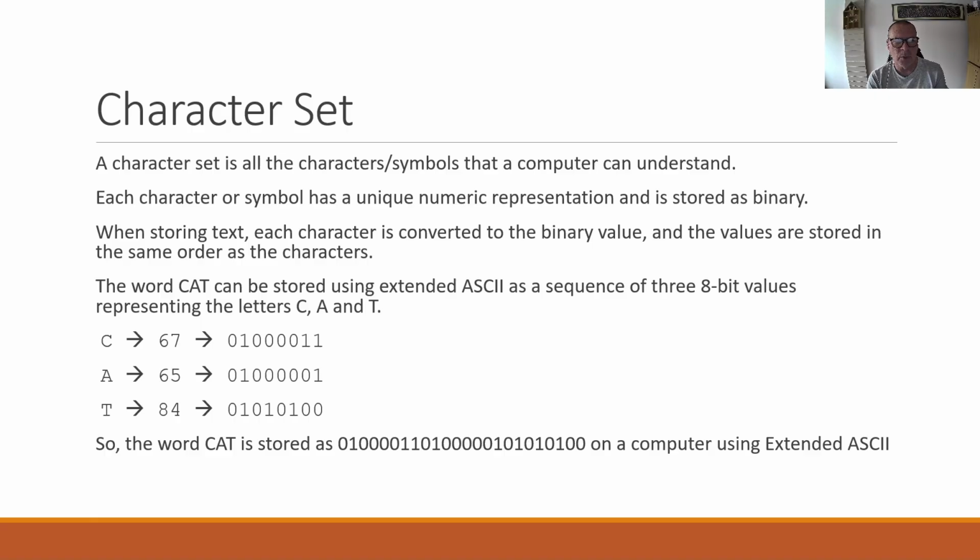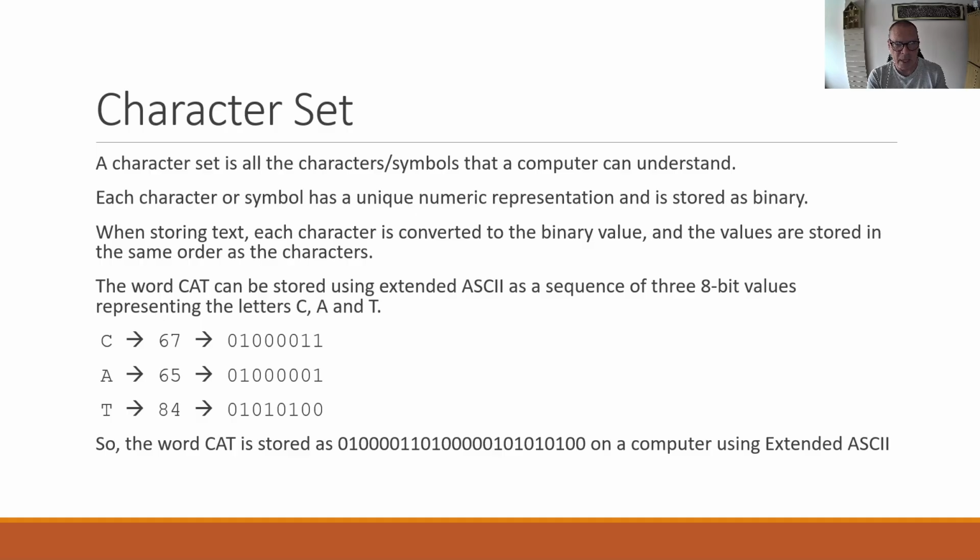For example, the word cat can be stored in extended ASCII as a sequence of three 8-bit values representing the letters C, A and T. C has a denary value of 67, there's the binary, A is 65 and T is 84. So all we have to do is, in that order, put the binary values.